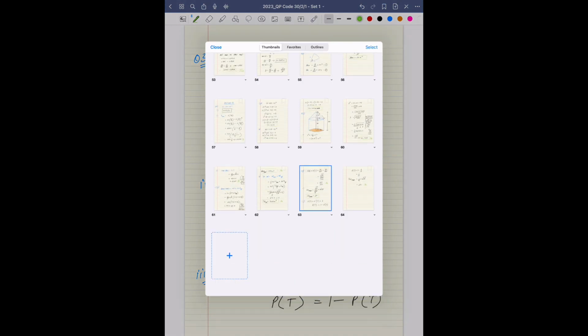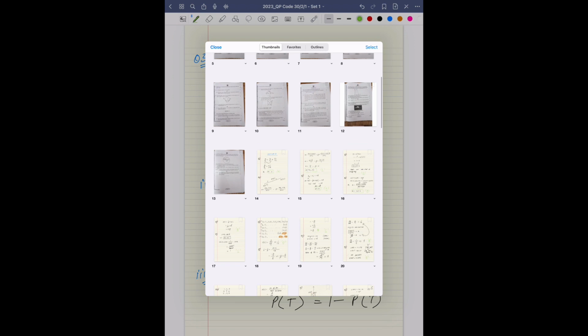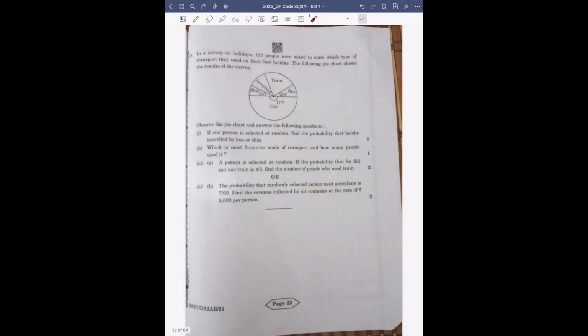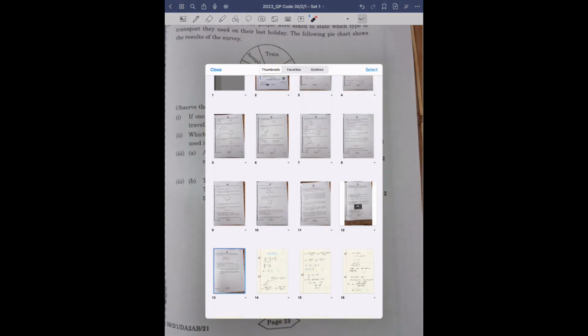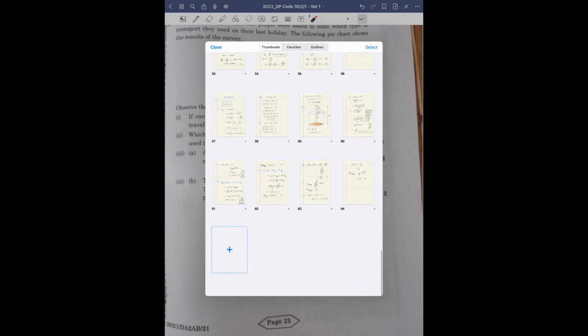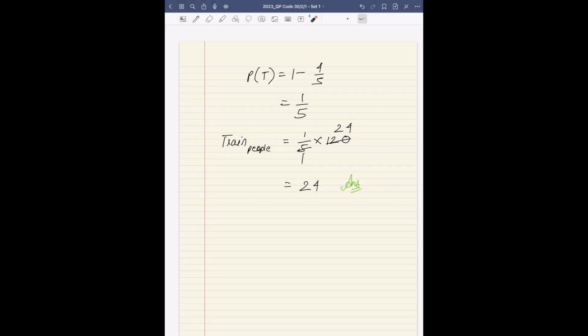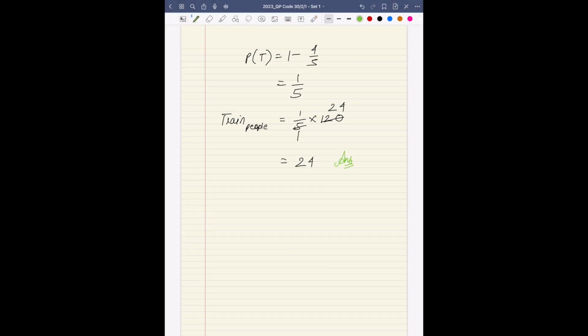Okay, last question. Last question of the paper. It says the probability that a randomly selected person used airplane is this much. The probability of the airplane is given. Find the revenue calculated by the air company at the rate of 5,000 per person. Very simple. First, you will have to find the number of people who have traveled by aeroplane. So this is part 3B.